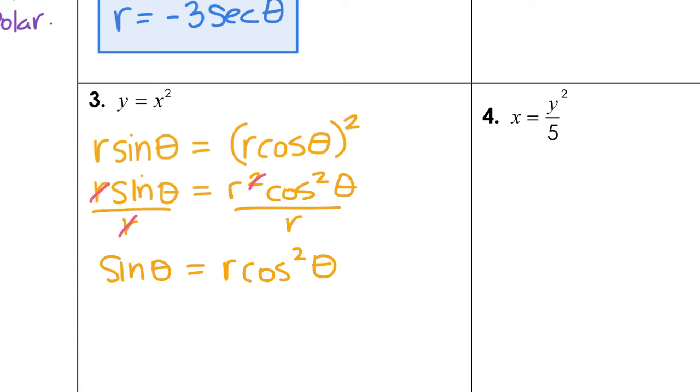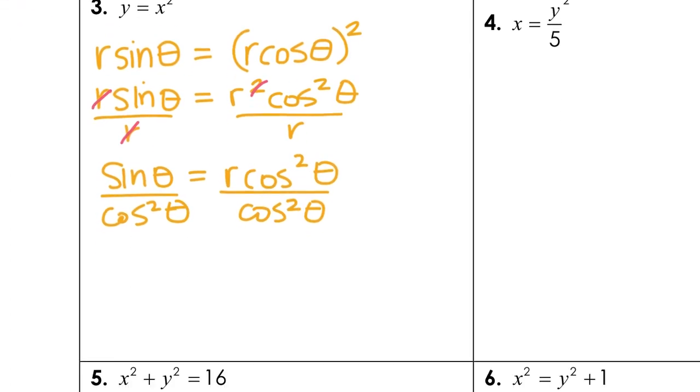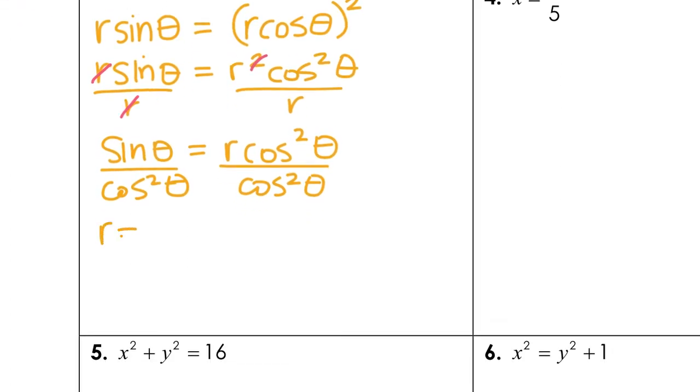So if I want to get it alone, let's divide by the cosine squared. So I'm going to switch sides here a little bit. Let's put the r on the left equals sine theta over cosine squared theta. So again, you have to remember your identities. So first thing I'm going to do is split this up.